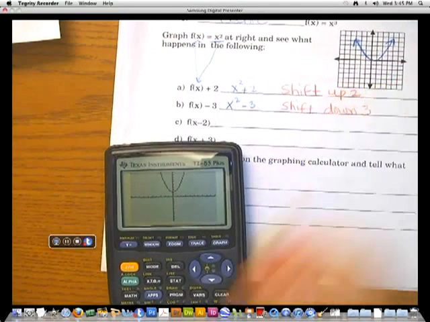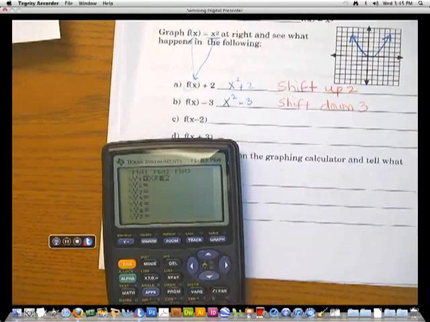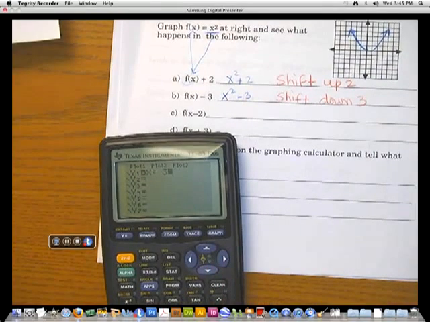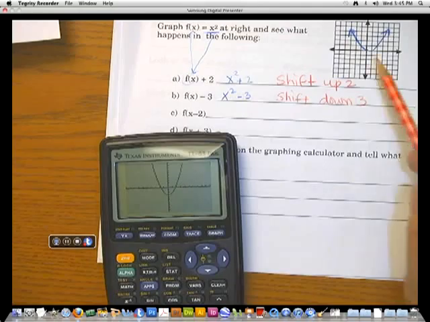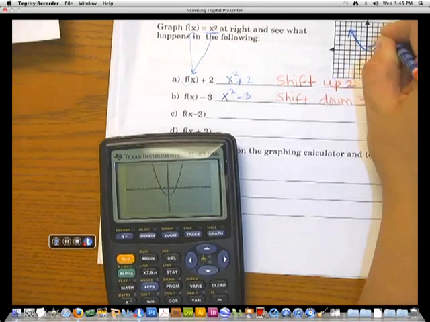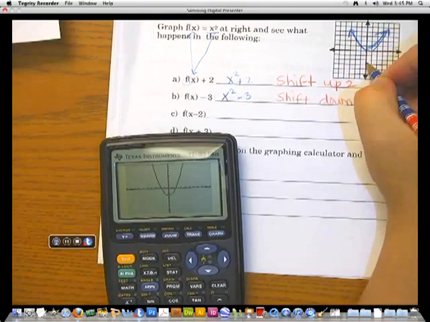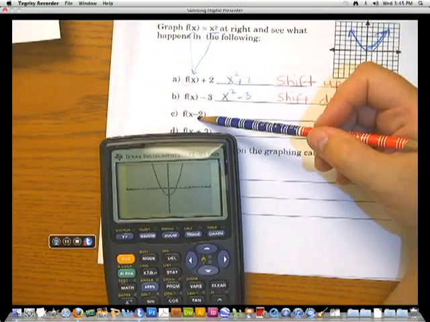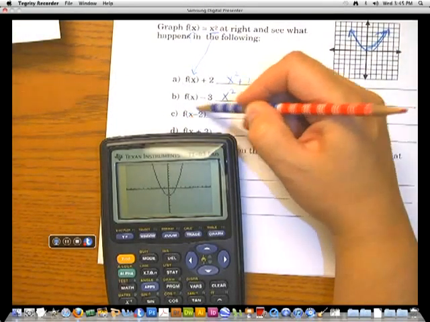That's what we're going to conjecture, but let's go and just double check it. Minus 3 into the equation. Look at the graph, and notice it did take our origin parabola that we have here, and it shifted it down 3 units.